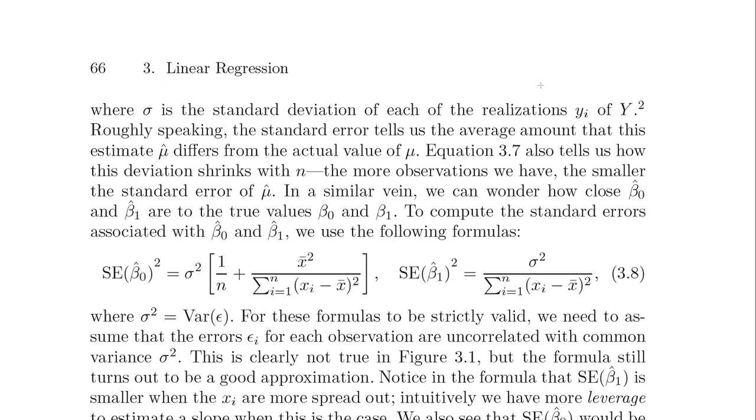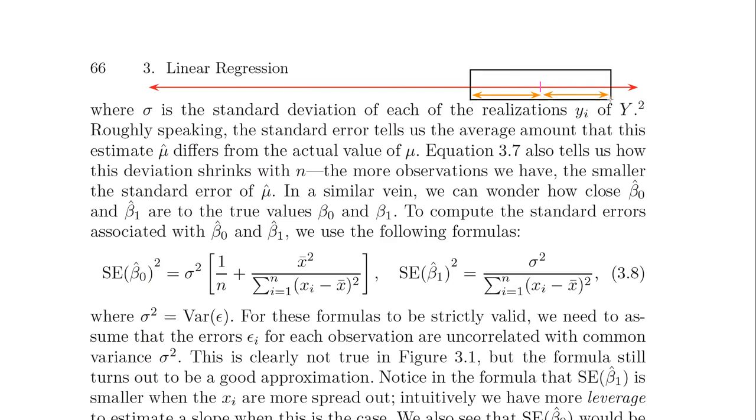So you'll take your real line, you have your mu hat, you calculate your standard error based on the formula that we saw on the previous page, and you'll say standard error to the left, same thing on the right, and you will say my true population mean is within this interval.